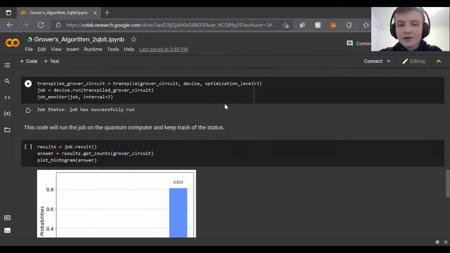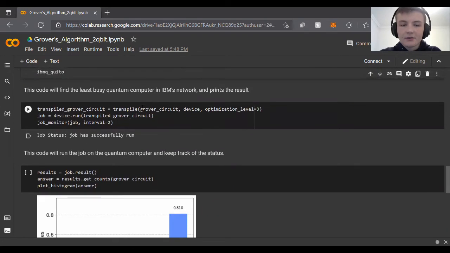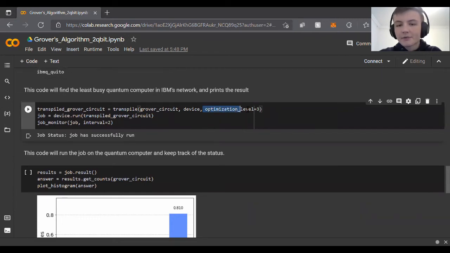We will transpile the Grover circuit. Essentially, this takes the device you want to run it on, the circuits, and the optimization level. The higher you set this optimization level, the longer it will take to run. We set a job to run on this device, and we will monitor the job, which essentially prints the status at every interval of 2. I think in this case it's 2 minutes. So job status: job has successfully run.